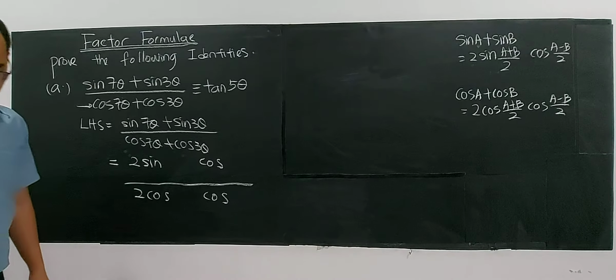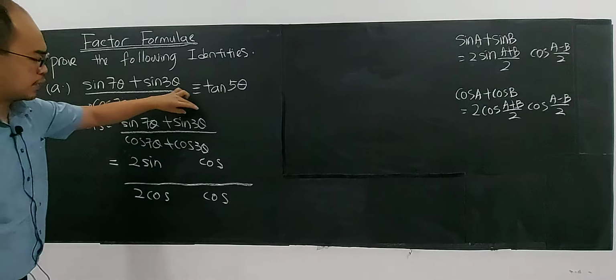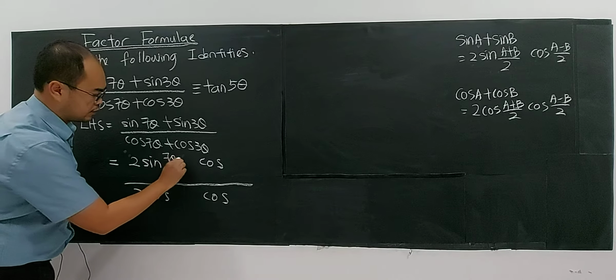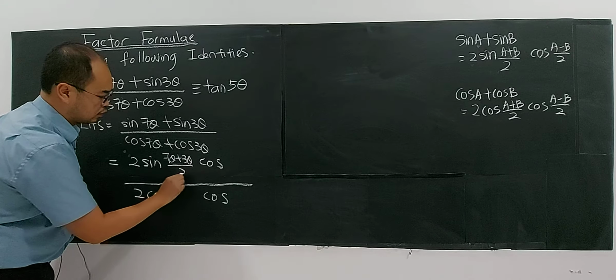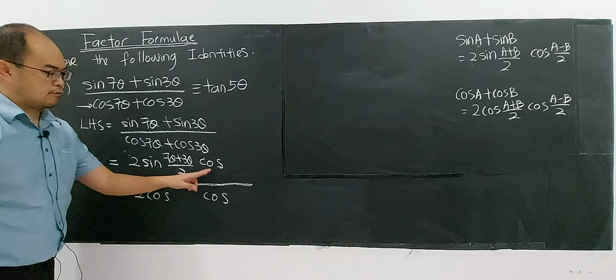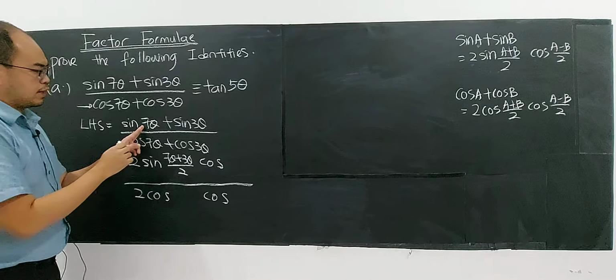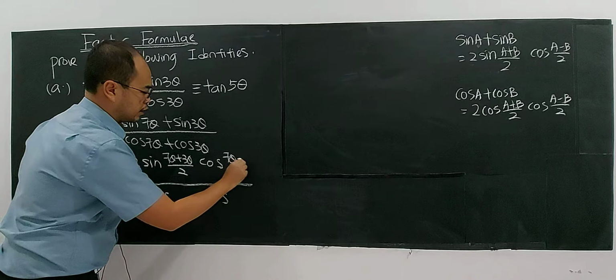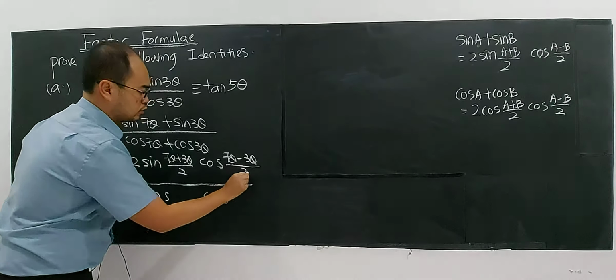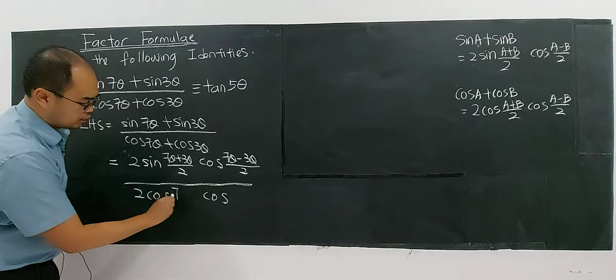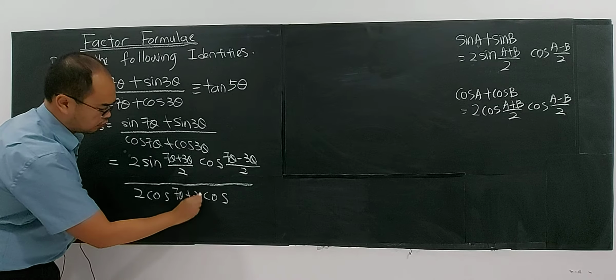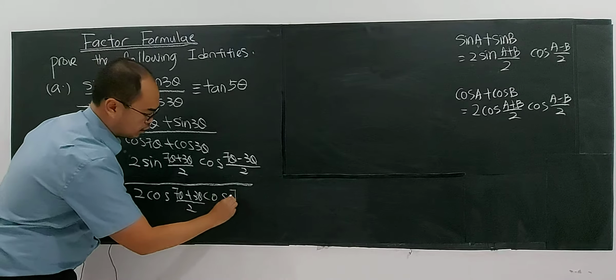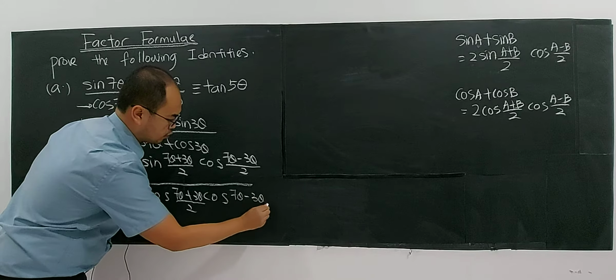For the denominator, cos A plus cos B, you have 2 cos, cos. A plus B over 2 means 7 theta plus 3 theta over 2, and for the second cos you have A minus B over 2. Same thing for the numerator: A plus B over 2, A minus B over 2.